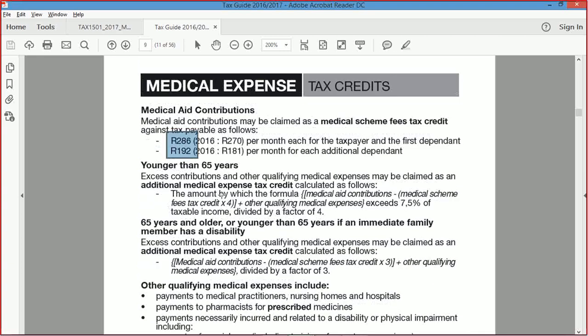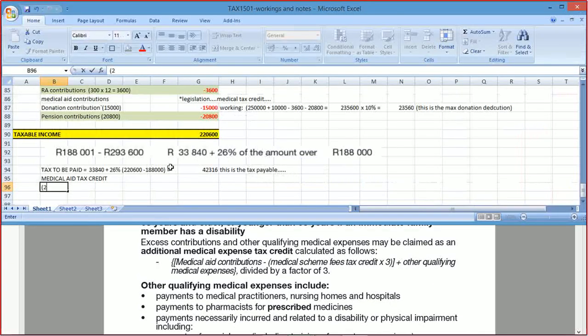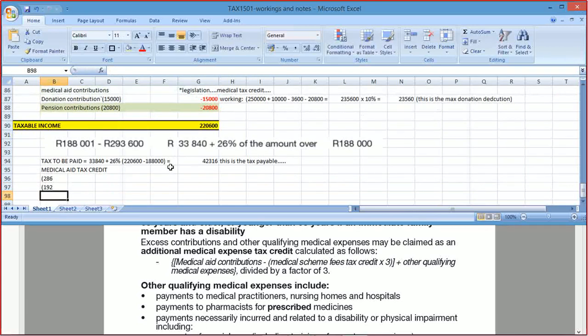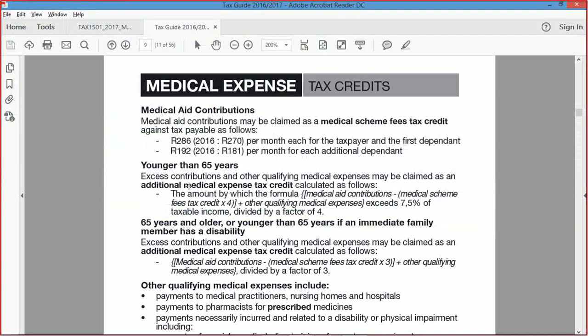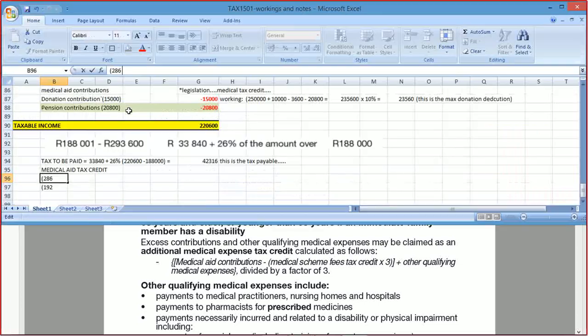Right, we'll go back to that page. Okay, it's 286 and 192. So 286 is for the primary member. Okay, that was 286 per month, right? Let's just check, per month. Okay, so 286 per month times 12 months times 2 dependents, okay, her and her spouse. Right, then she has 2 kids, 12 times 2.